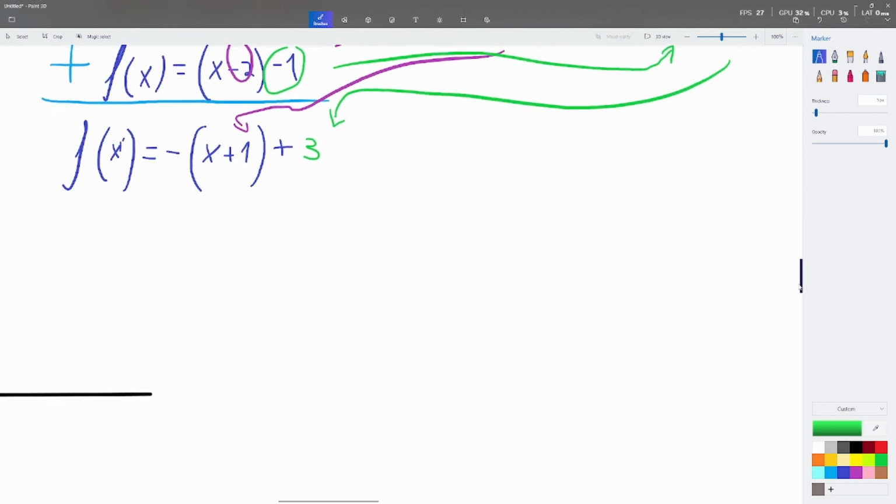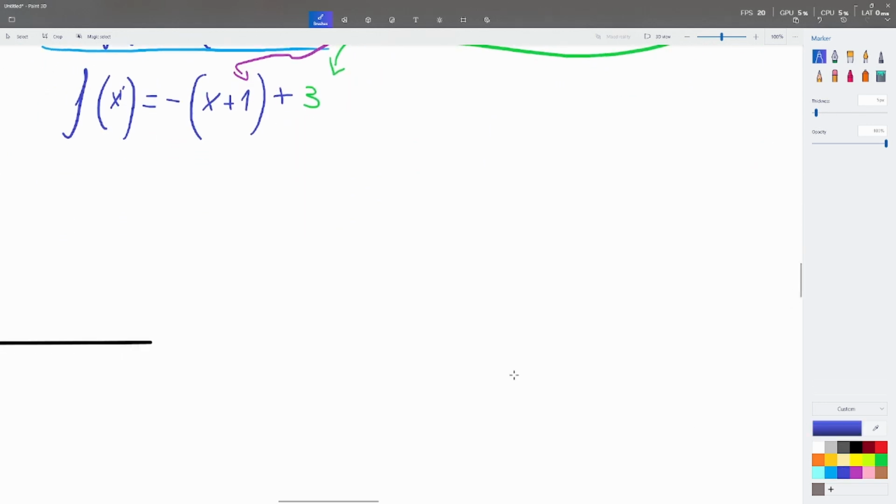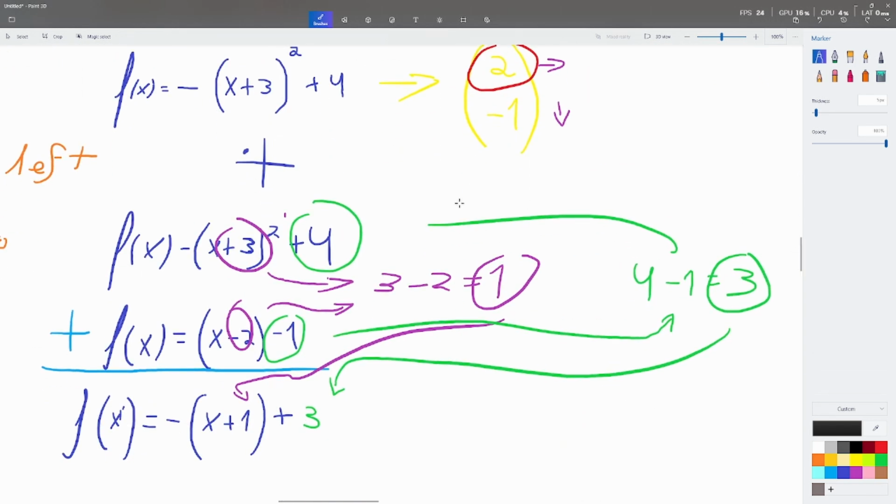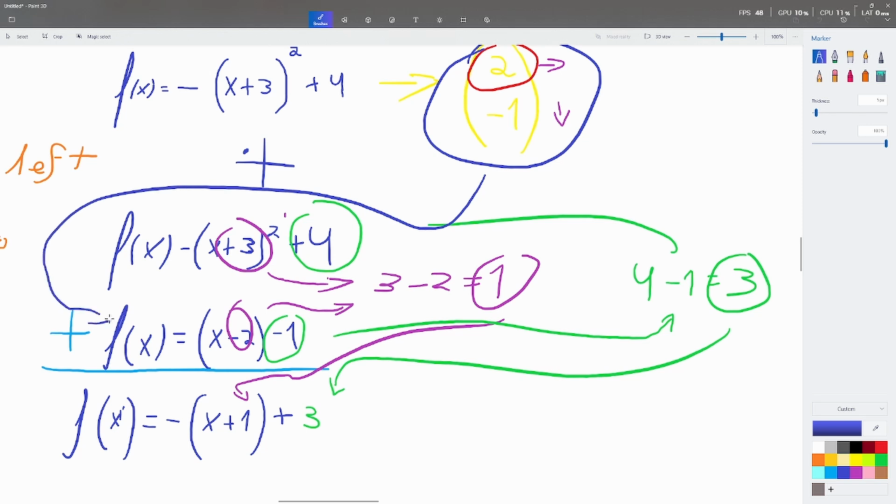And sometimes you're also given points. So this is your new graph. When you translate it by a vector, you take the translation vector that you have, turn it into a function itself, and then you get the new function by adding and subtracting all the spots.